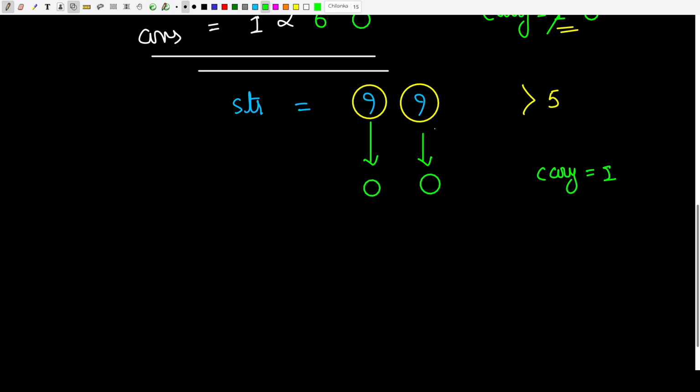And since 9 plus 1 equals 10, there is a carry and this value remains 1. Now since we have exhausted all the elements of the string, our loop will break. But since carry is equal to 1, we have to add 1 towards the end. And in this way, this 99 will be transformed to 100, and this is what we are going to return.